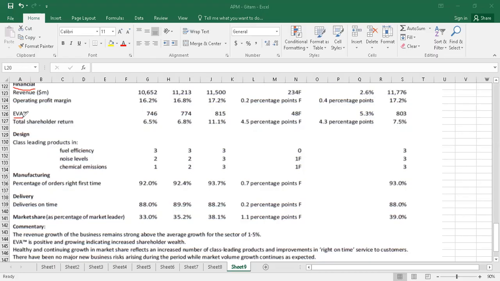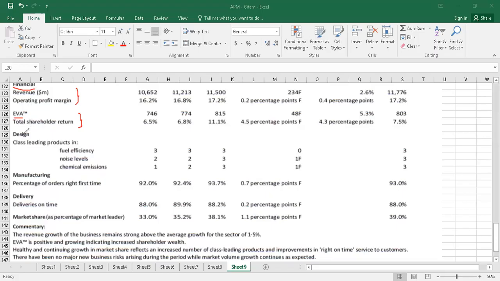So these two variables talk about the amount of wealth maximization or profit available to the shareholder. In general, the operating performance of the organization is known. EVA and total shareholder return talk about the wealth availability or profit available to the shareholders from the shareholders' perspective. These are under financial.